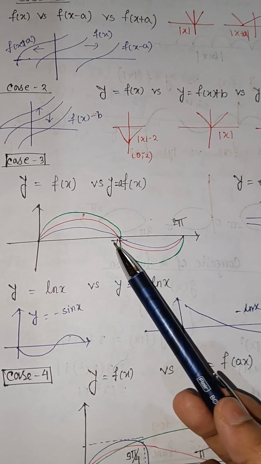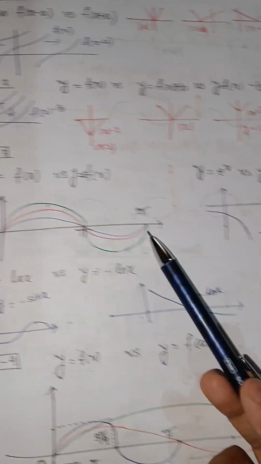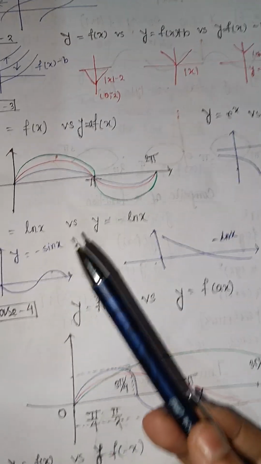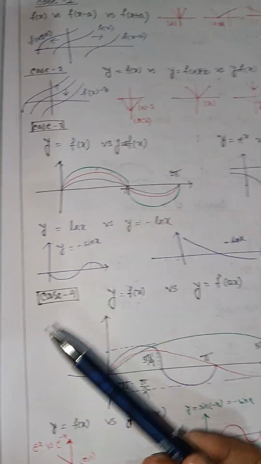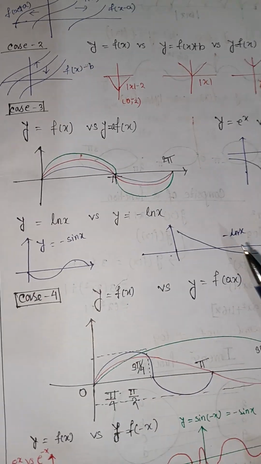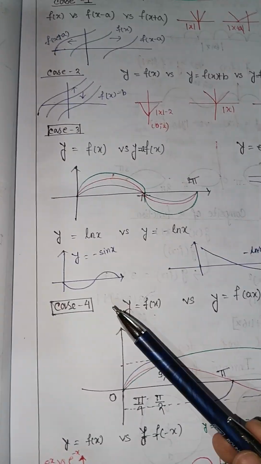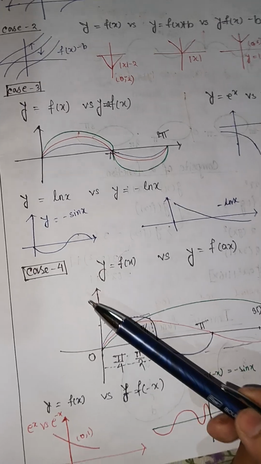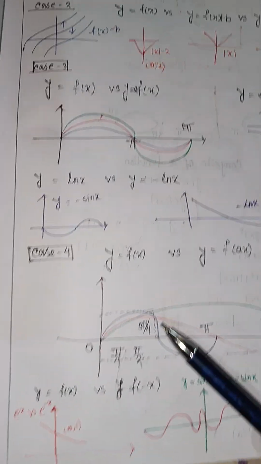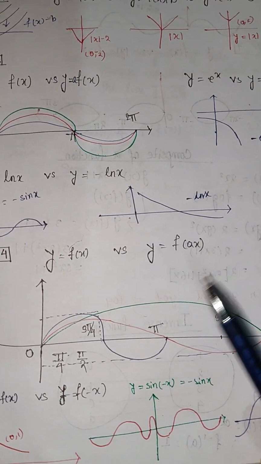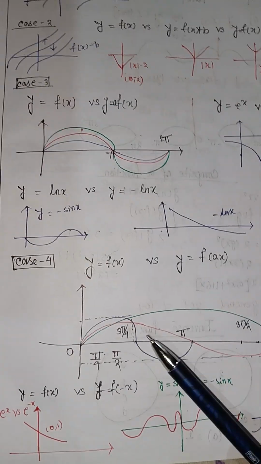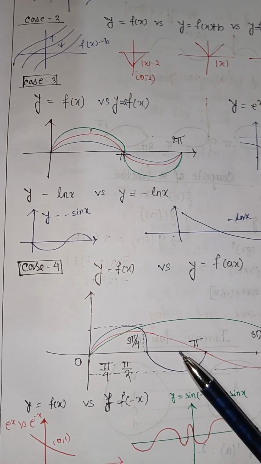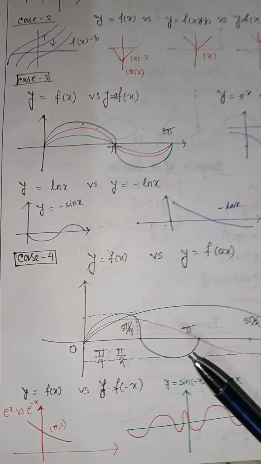There's definitely touching at 0, pi and 2 pi. Okay. Next, the graph of ln x and minus ln x is like that. Okay, the graph of f of x and f of minus x. So that's really very important for your JEE Mains.